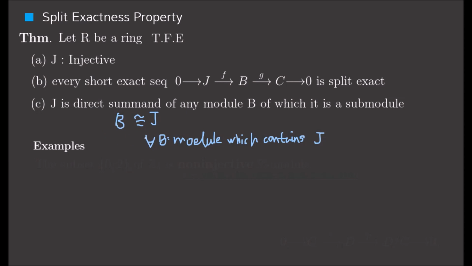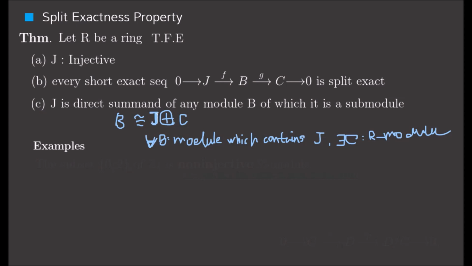So whenever we choose the B, then there exists N. This is the statement. When compared to statement C, there is an R-module C such that B is isomorphic to J direct sum C. Then J is an injective module.